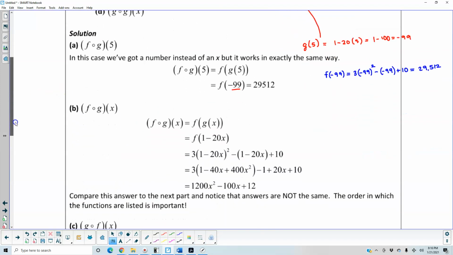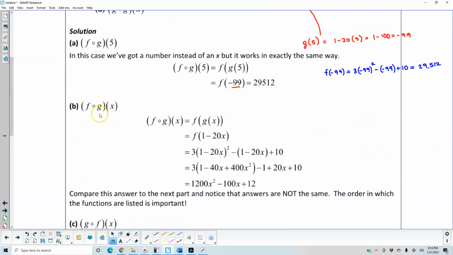Next, we have f composite g of x. So f composite g of x becomes f of g of x. Now, g of x, in our example, is 1 minus 20x. And we're going to plug that into the function f.